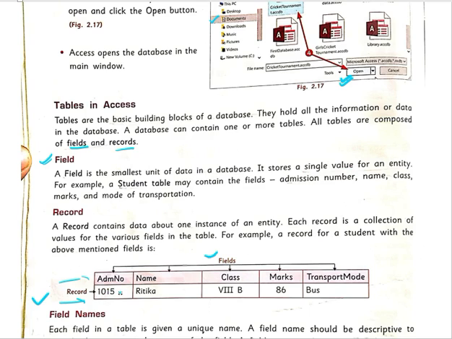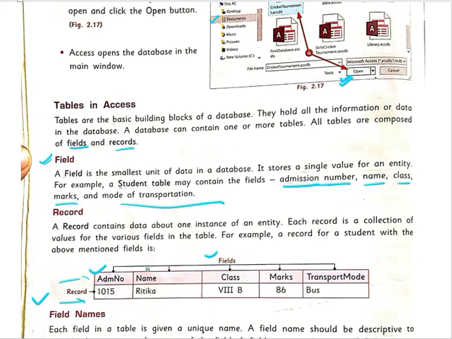Suppose you can see that the record admission number is 1015. So this is a single record. A single field will contain a single entity, so the admission number field does not contain the name as well. For example, a student table may contain fields like admission number, name, class, mark, and mode of transportation. In the record section, you have to fill in the details of the fields.